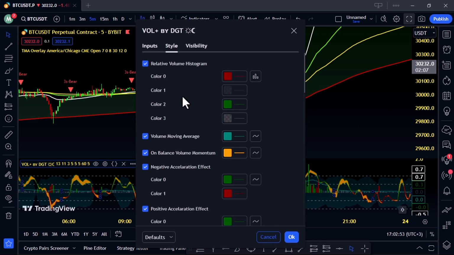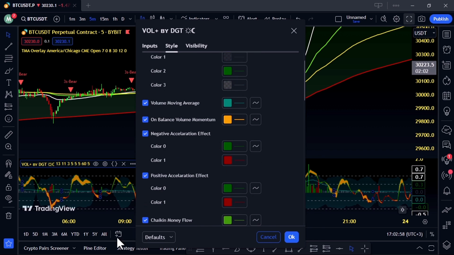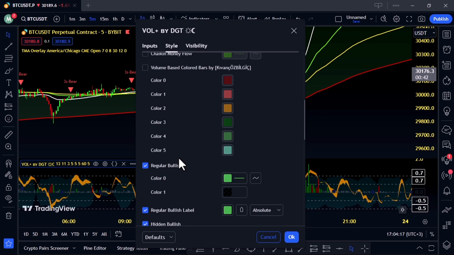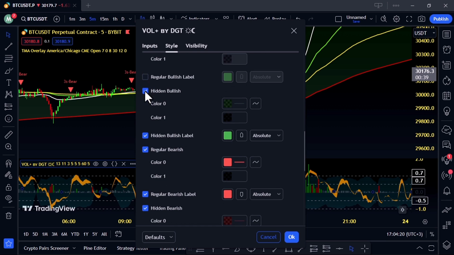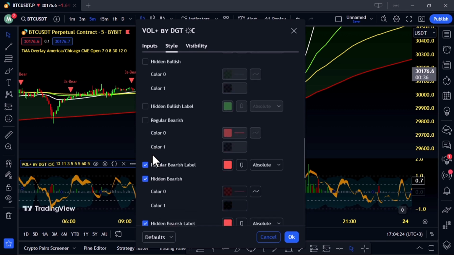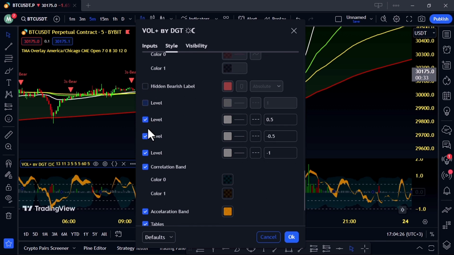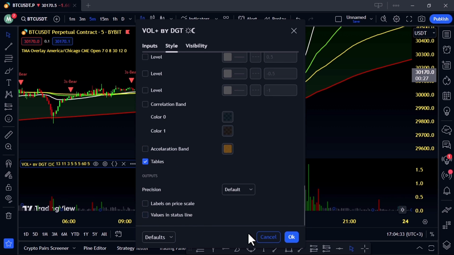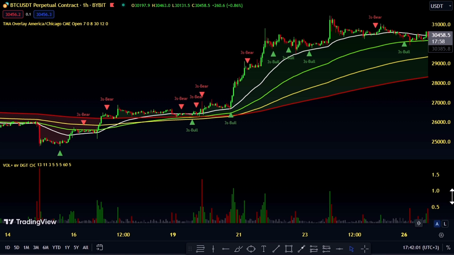You basically need to get rid of everything except for the volume bars. Alright, the setup is complete.